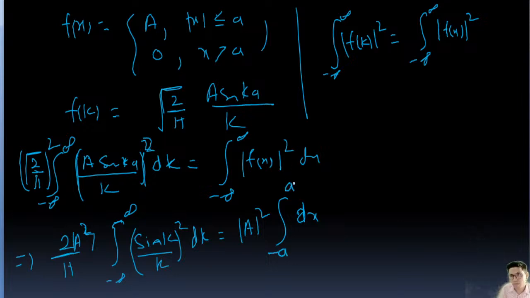We have used the Parseval identity, right? From here this will get cancelled, okay? And this value is going to be integration minus infinity to plus infinity of sine ka upon k whole square.